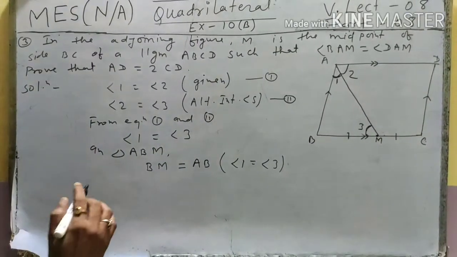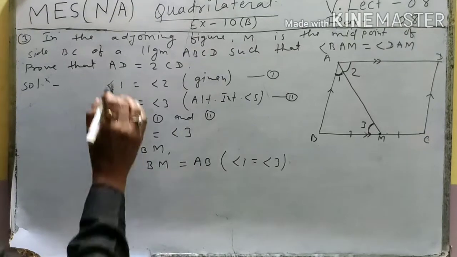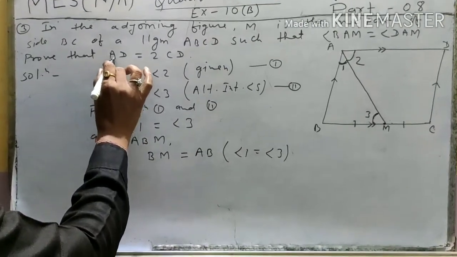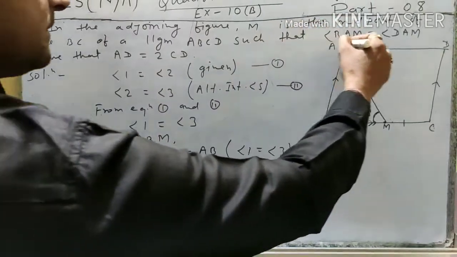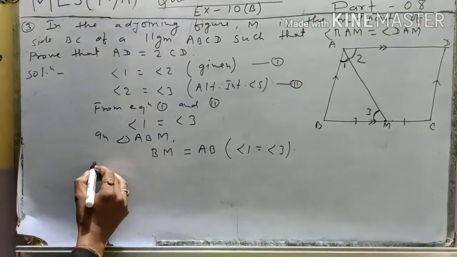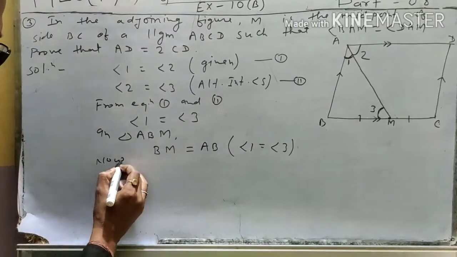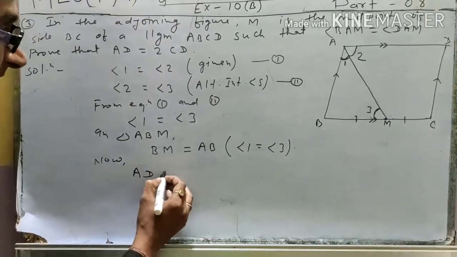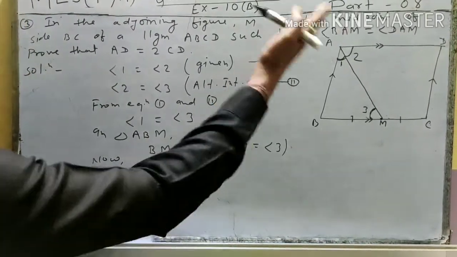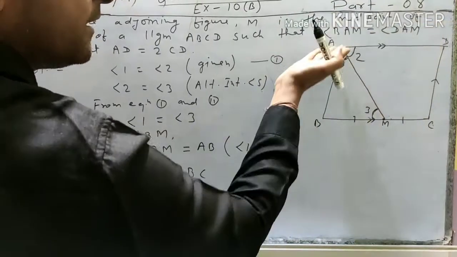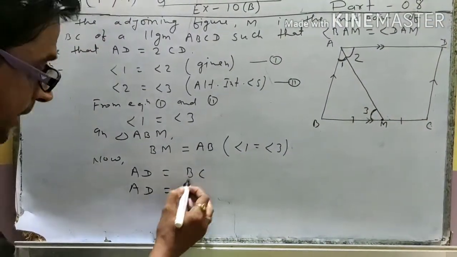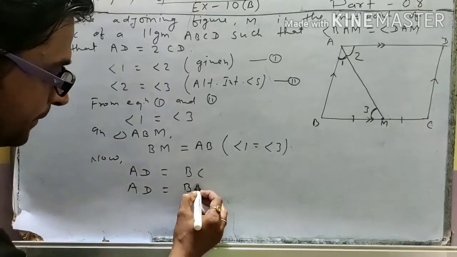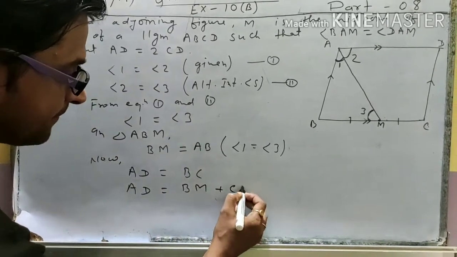Okay, BM is equal to AB. What will we prove here? AD is equal to 2 times of CD. Now student, we can write here AD is equal to BC because sides of the parallelogram are equal. So AD is equal to BC, which can be written as BM plus CM.